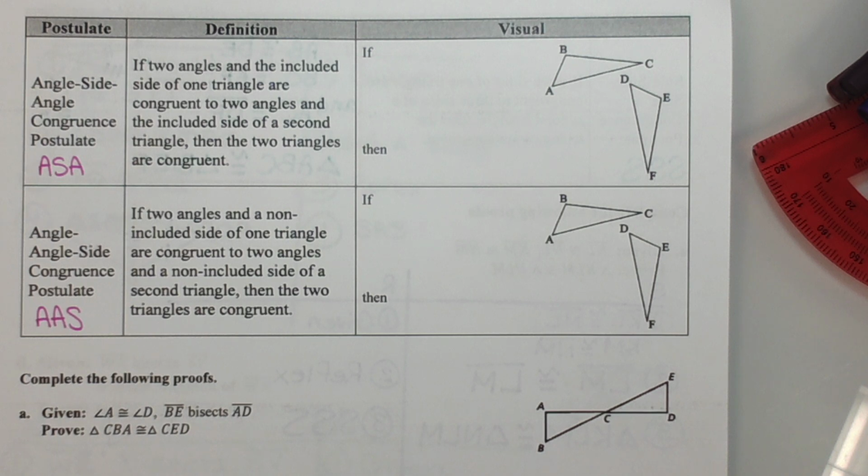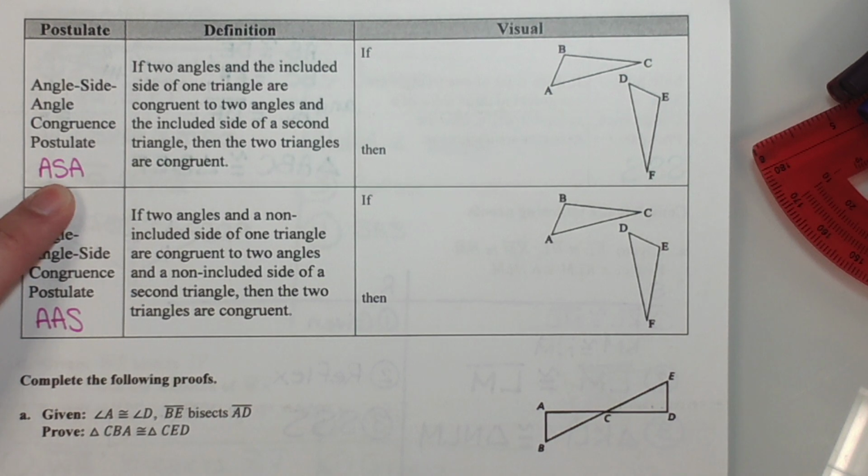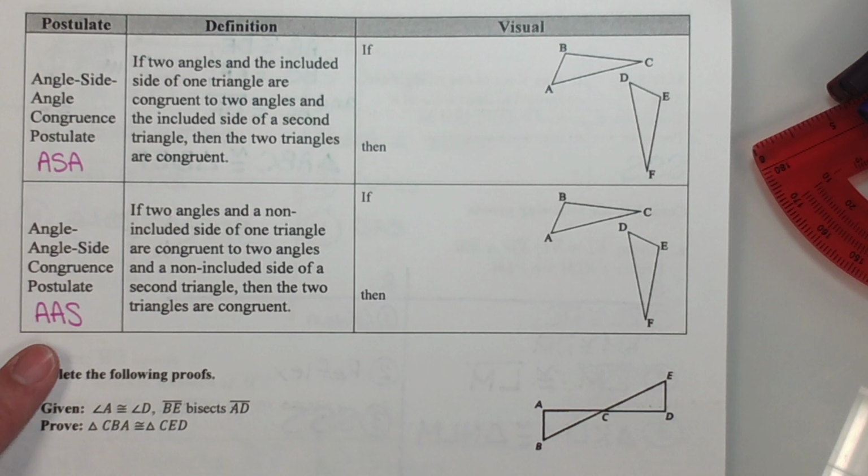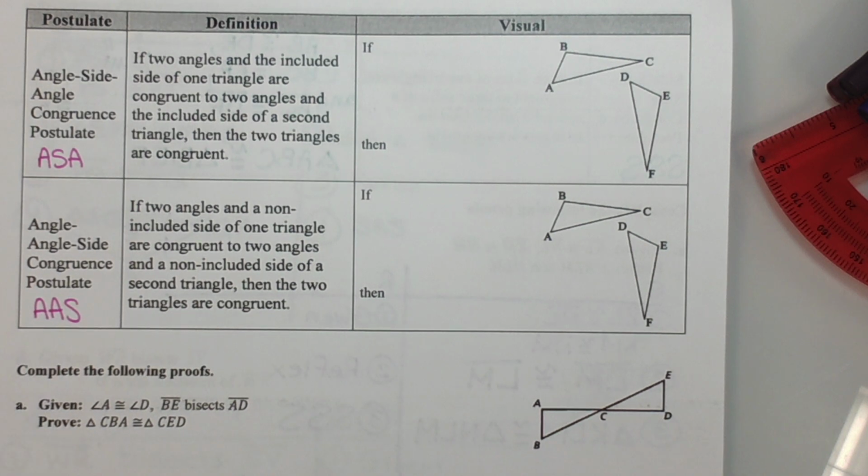The difference between these two postulates is, in both situations, I will have two pairs of angles and a pair of sides congruent. The difference is the location of the side compared to the angles. Angle side angle, the side is between the two congruent pairs. Versus angle angle side, the side is not between the two congruent pairs.